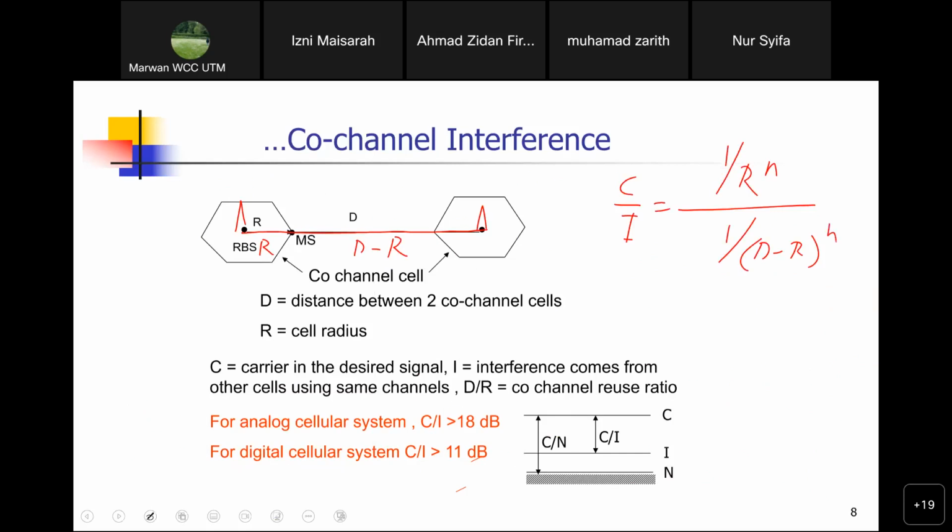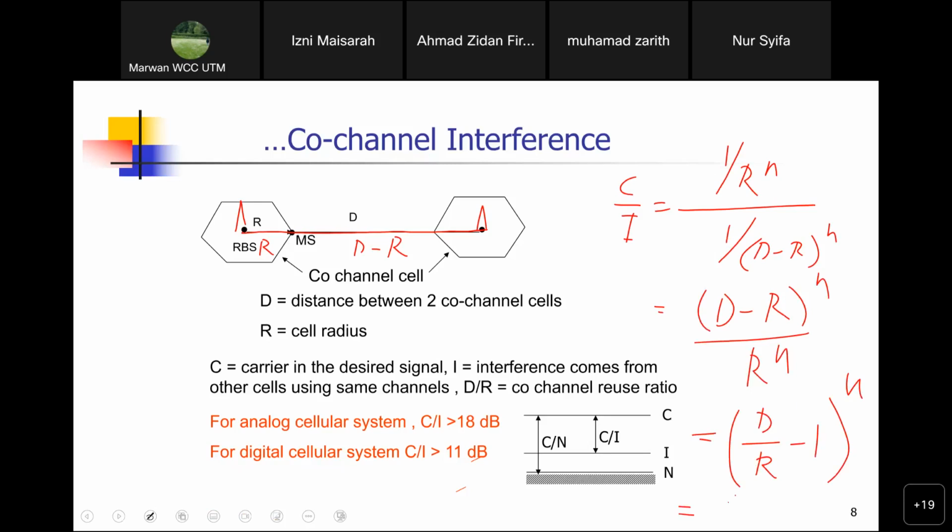Then you have to do the mathematics. D minus R divided by R gives D divided by R minus 1, to the power of n. So at the end, it goes back to D divided by R, which is Q. So we can write this as (Q minus 1) to the power of n.